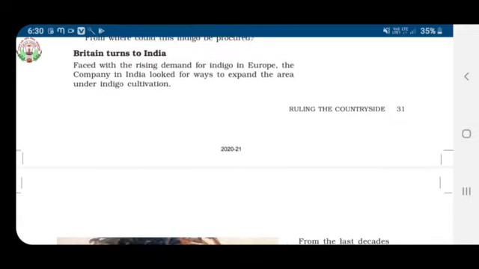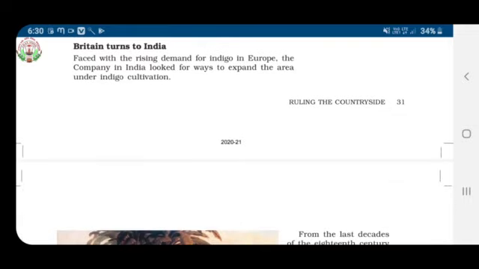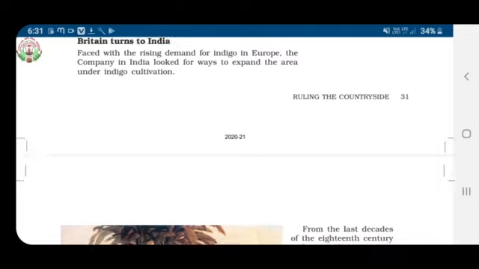So, now the British turn to India. Britain turns to India. Faced with the rising demand for indigo in Europe, the company in India looked for ways to expand the area under indigo cultivation.